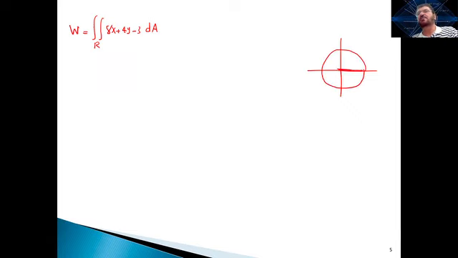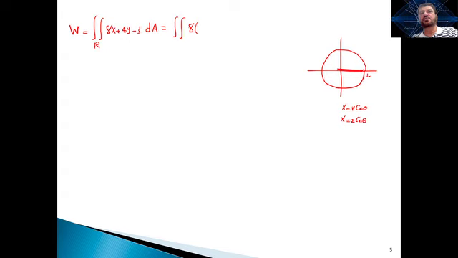Okay, so I'm going to change everything to polar. So this is the double integration of 8 times, remember, we know that x is equal to r cosine theta, and r is 2 here. So x is equal to 2 cosine theta.